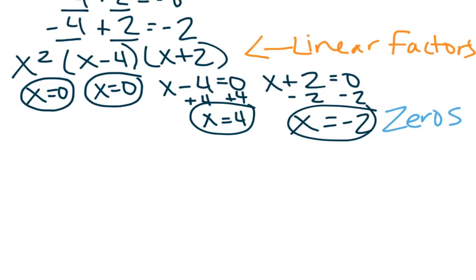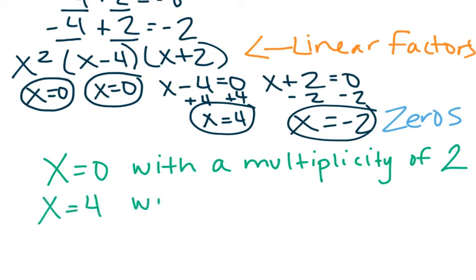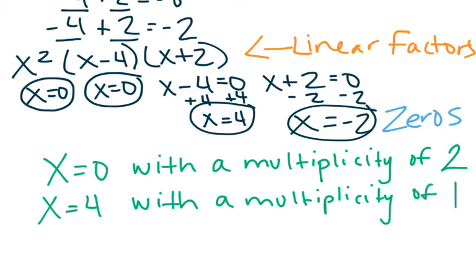X equals 0 with a multiplicity of 2, because it occurs twice. X equals 4 with a multiplicity of 1, because it only happened one time.